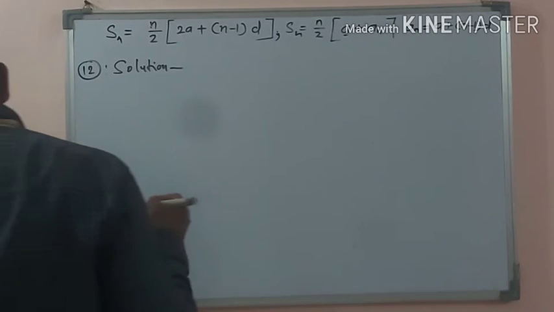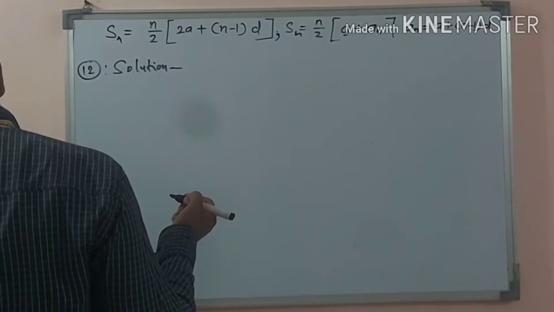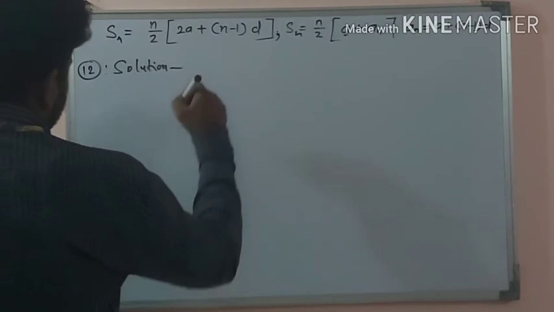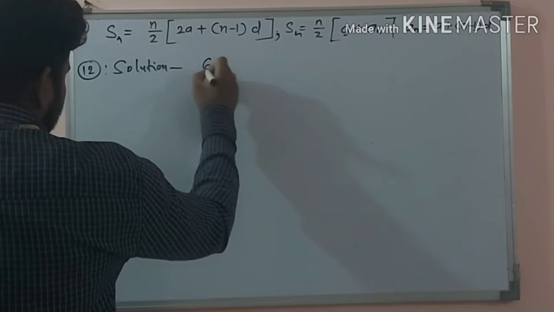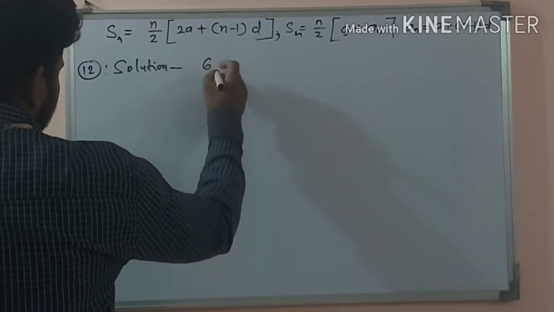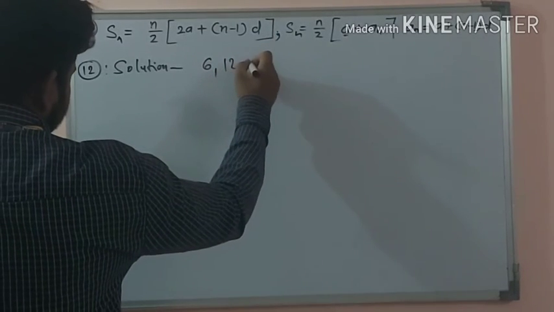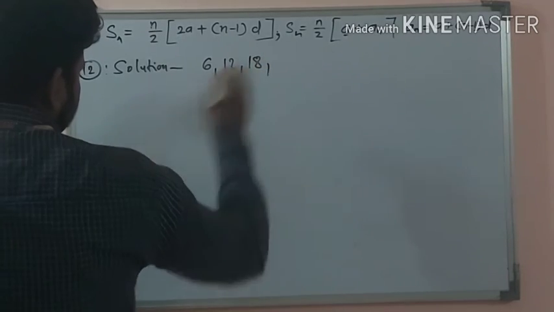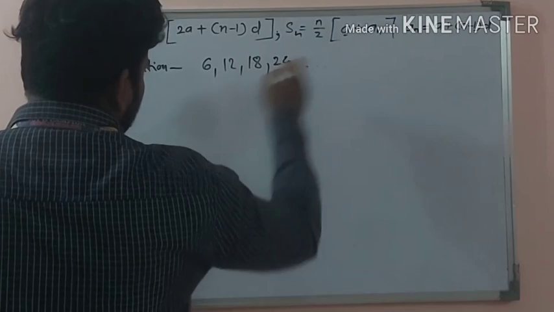The 12th question is the sum of the first 40 positive integers divisible by 6. The integers are the table of 6: 6, 12, 18, 24, and so on up to 40 numbers.